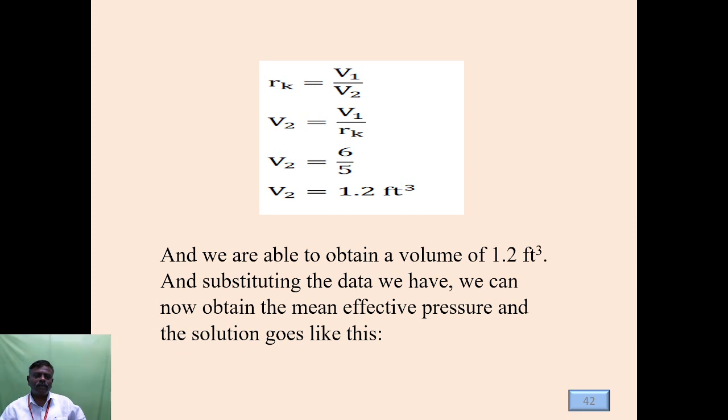From modifying this equation, V2 equal to V1 by RK. So substituting these values, we receive that the clearance volume V2 equal to 1.2 feet cube, and substituting the data we can now obtain the mean effective pressure. The solution goes like this.